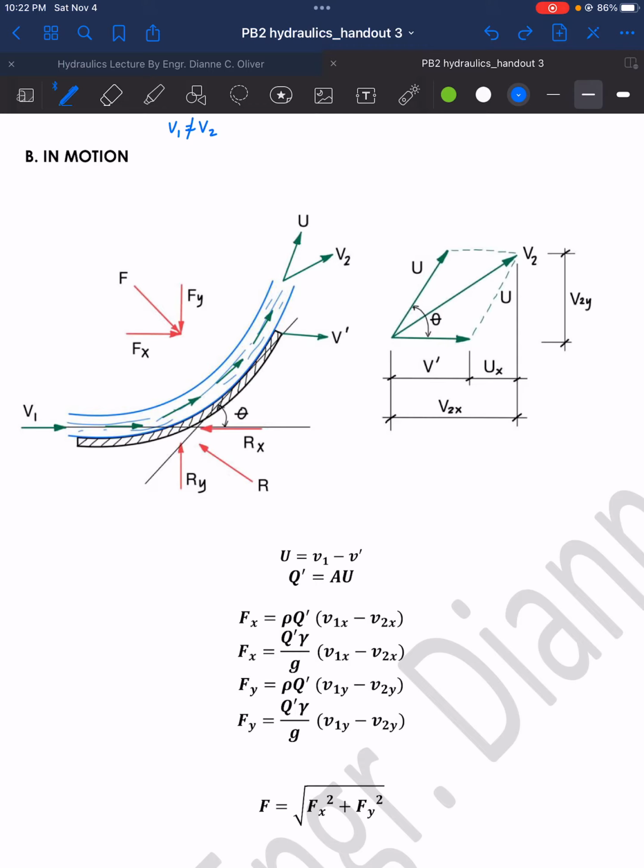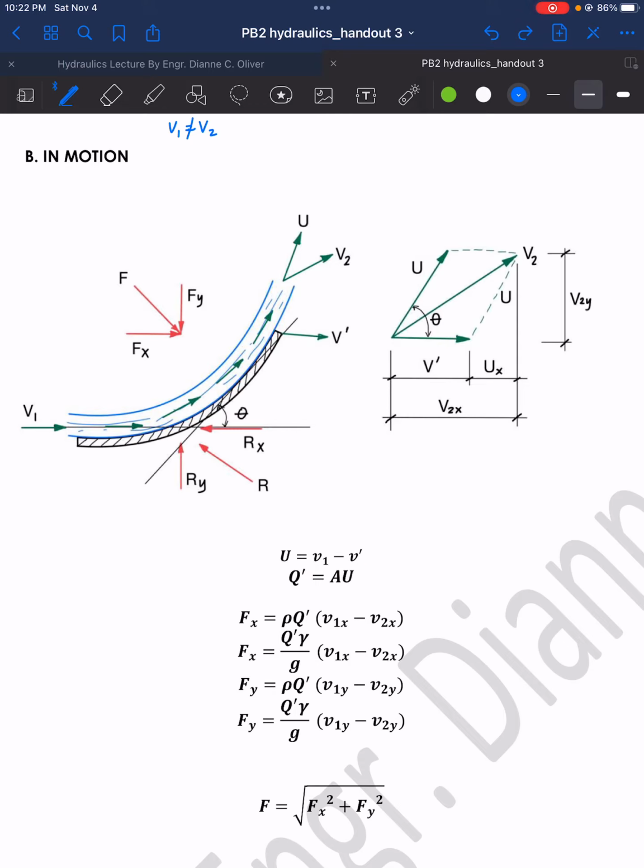We can get the value for u first if the initial velocity and the velocity of the vane are given. So u is the relative velocity of the jet, equal to the initial velocity minus the velocity of the vane.